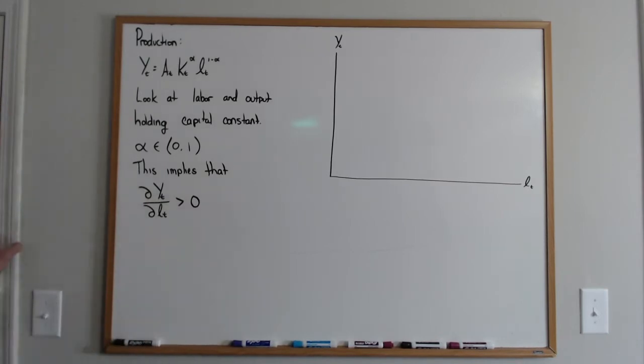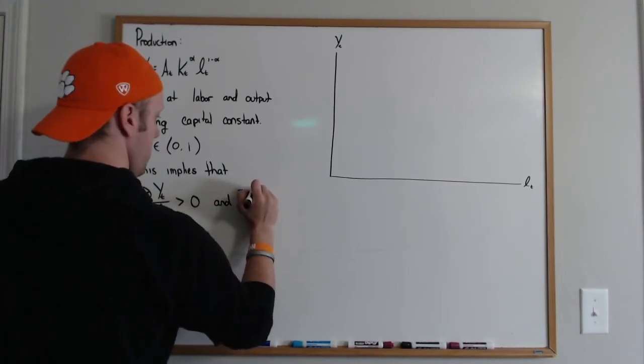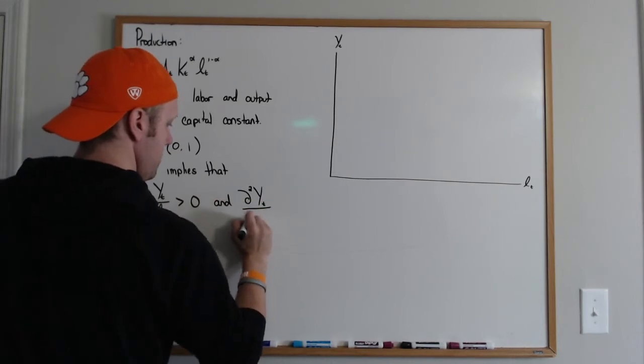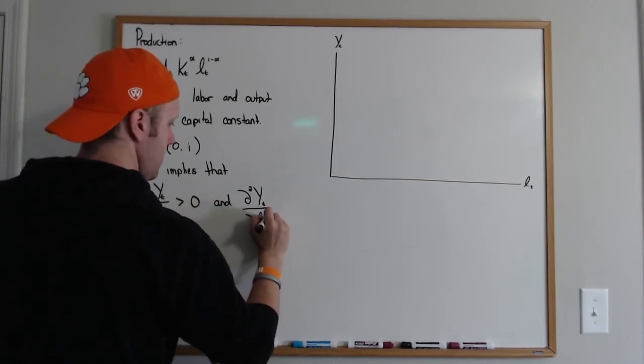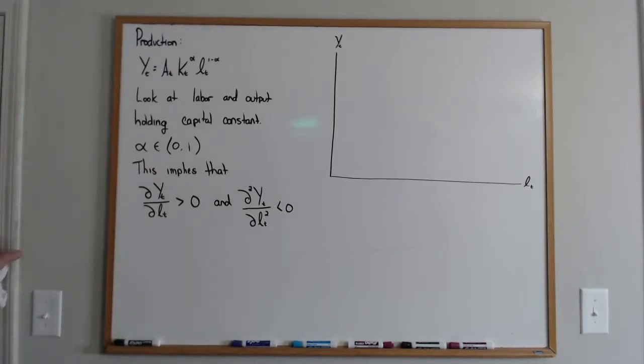So it implies that the derivative of output with respect to labor, the first derivative, is positive. And that the second derivative is negative. So if its first derivative is positive everywhere, it means that it is upward sloping everywhere.